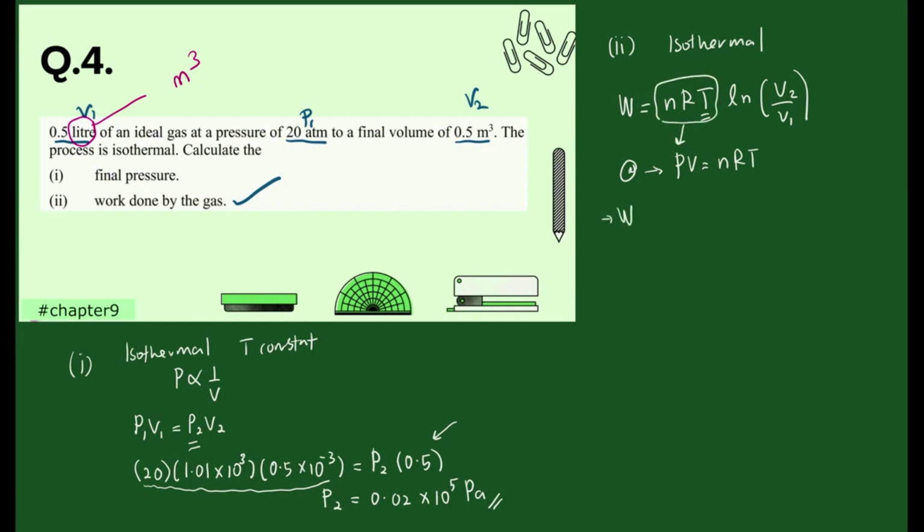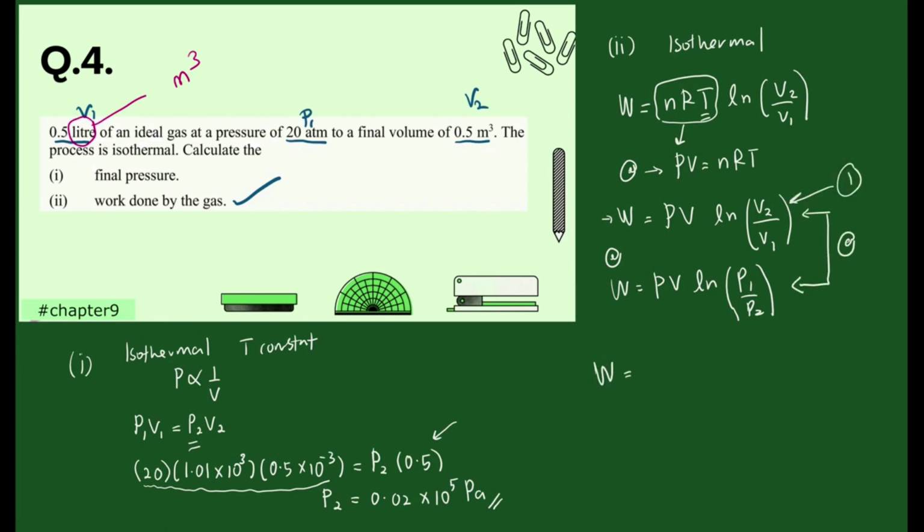So now the equation becomes work done is equal to PV ln V2 over V1. Actually, you can also use PV ln P1 over P2. So it's up to you, as we have all the information to substitute in one of these equations.